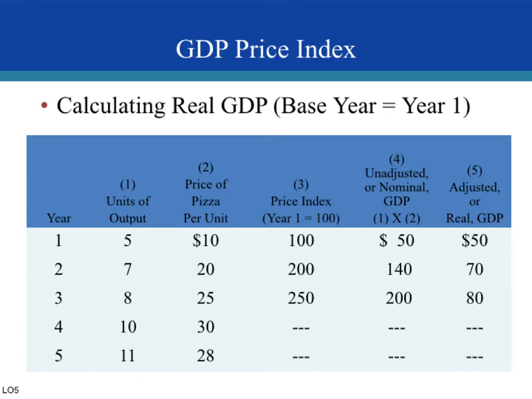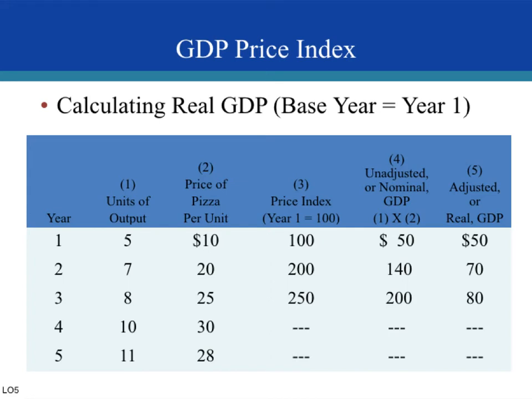Oftentimes the base year is stated as the earlier year, but be careful, because sometimes they'll say the base year is year 3, and you would want to use year 3 prices, not year 1's. But in this case it is year 1, so let's look over here. Let's just say the economy only produces pizza. We simplify things very much to help get the point across.